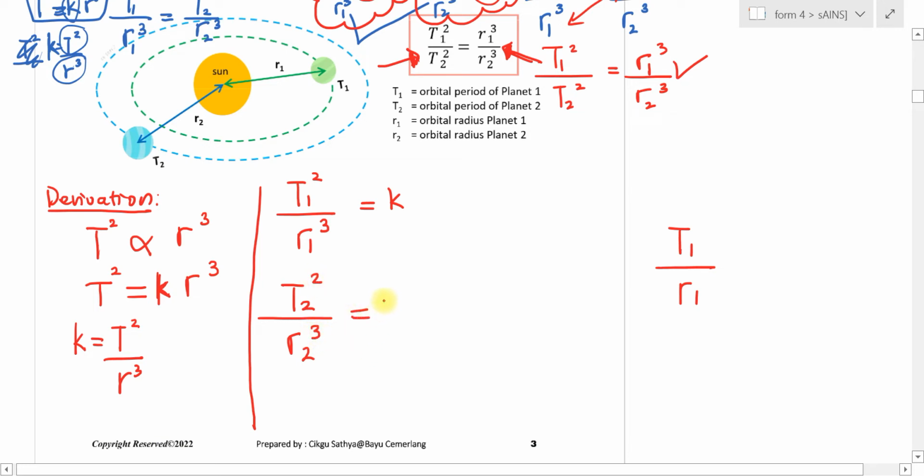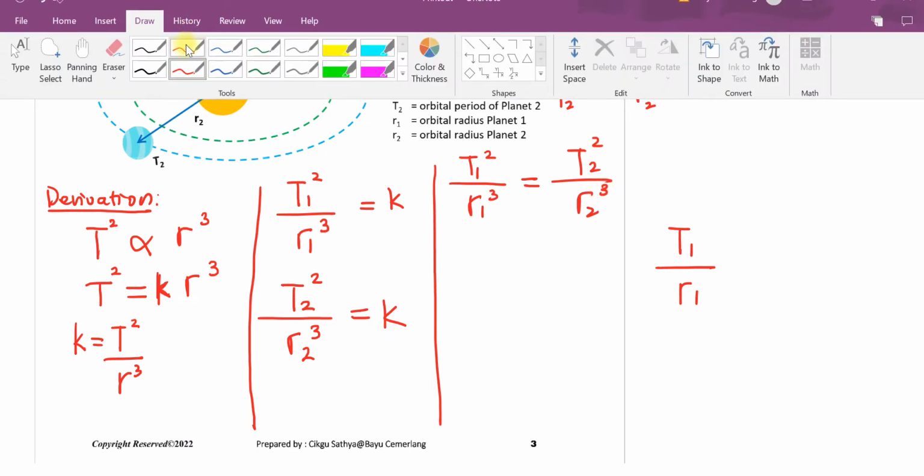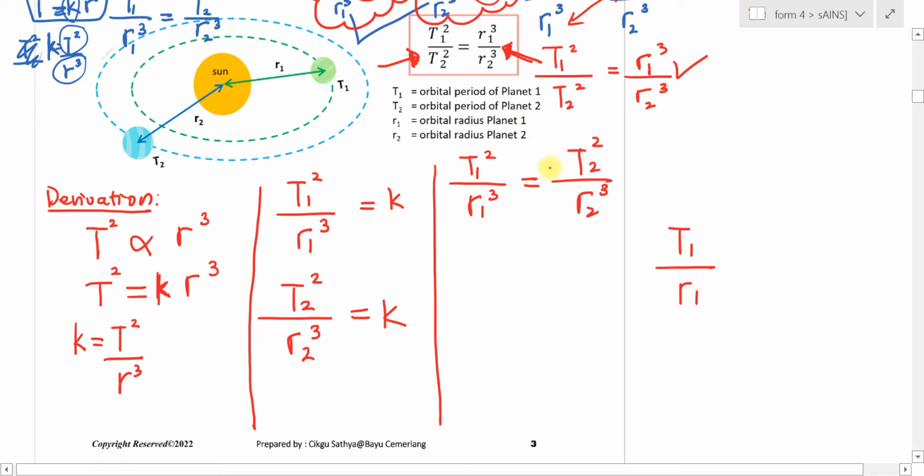I again get K. So we can deduce that T1 square over R1 cube, which equals K, also equals T2 square over R2 cube. Then I try to arrange the equation to my own liking. Actually, this equation is already correct. If you want to understand until here only, it doesn't matter. Use that equation. You can use this equation already.